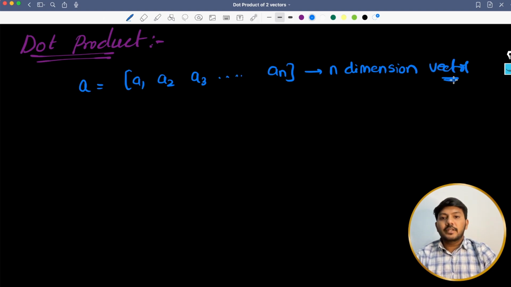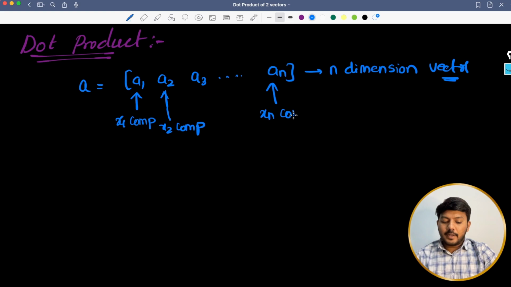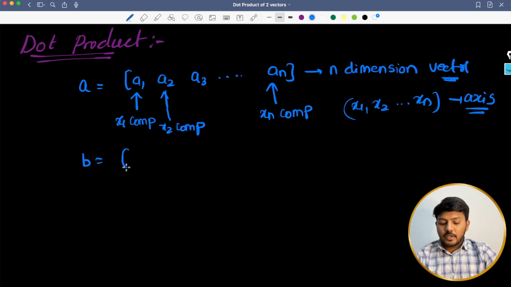And in the last video we have seen that this first one corresponds to x1 component, this one corresponds to x2 component, and this corresponds to xn component. And x1, x2 up until xn are the axes. I have another point B, which is b1, b2, b3 up until bn, and this is also an n-dimensional vector.